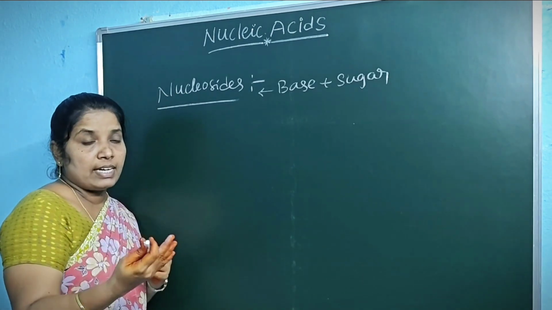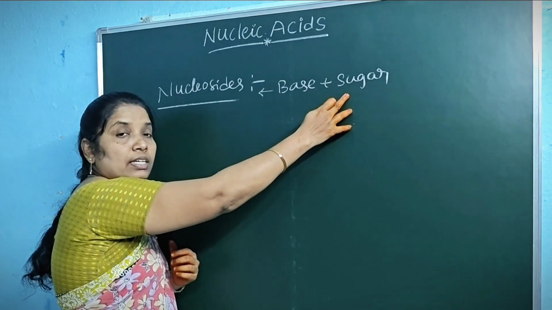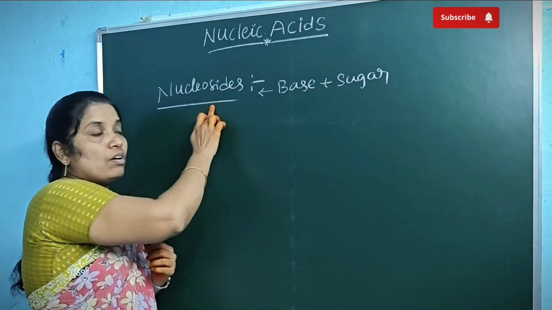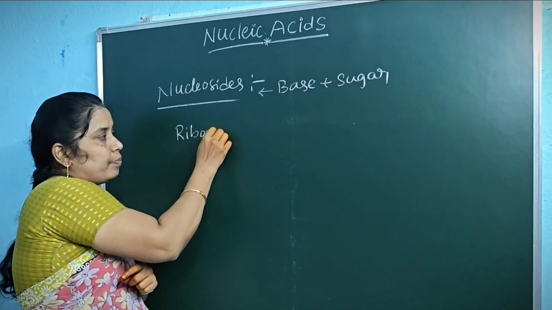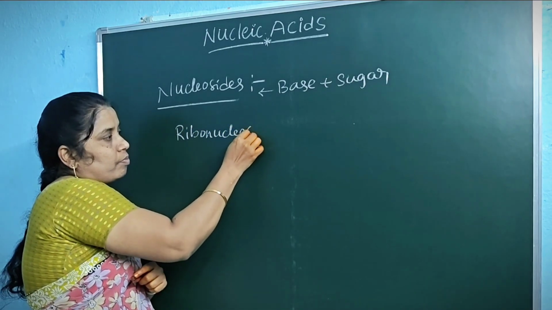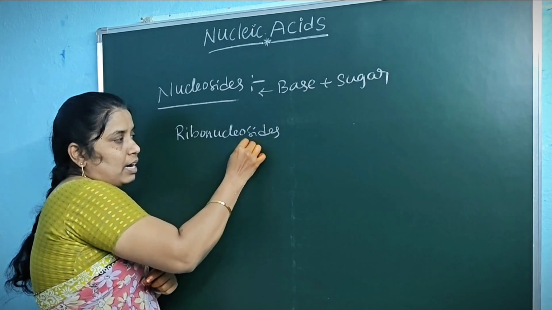If the nucleoside consists of ribose sugar, then the nucleosides are called ribonucleosides, present in RNA.